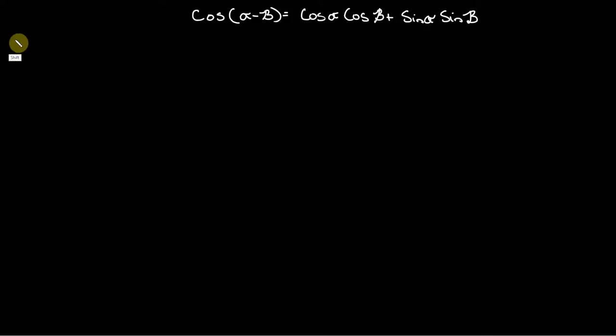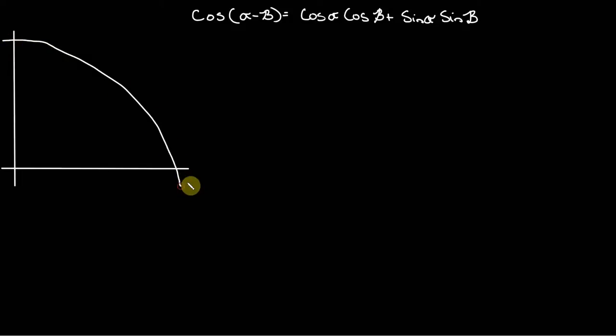This particular proof uses a little bit of geometry at the start, but I would describe it as a bit more of a terse method, in that whilst we are going to consider some basic, first principle geometry at the outset, we're also going to use the law of cosines and some other identities, including a cofunction identity and symmetry, to derive the rest of our angle sum and difference identities.